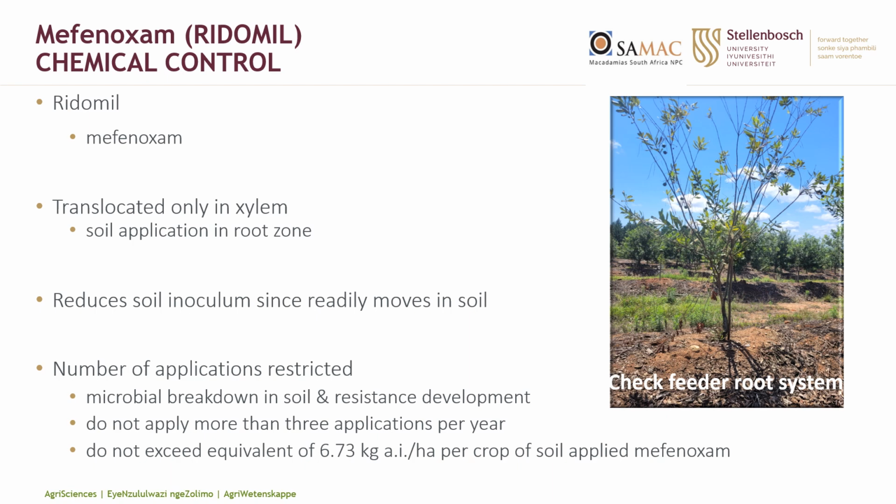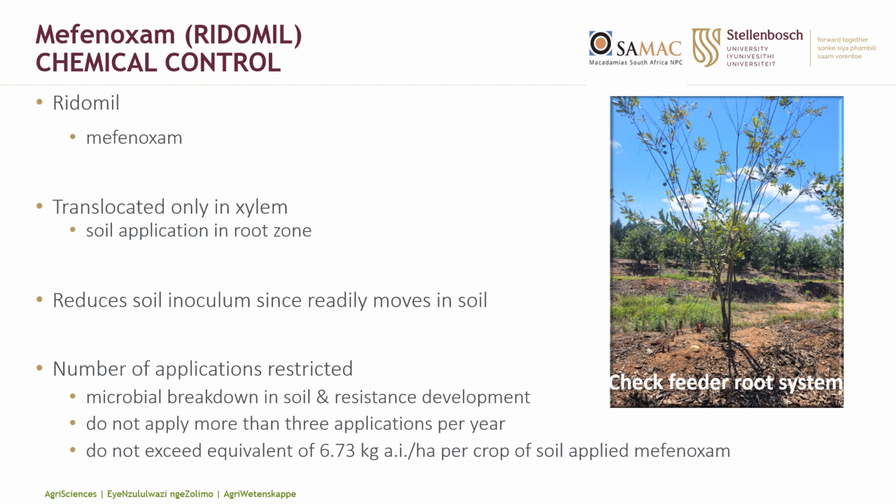So always assess the amount of feeder roots available on trees before deciding to use this product, because if there are no feeder roots, it cannot be taken up by the roots. But in some cases, damage in an orchard might not be as much due to feeder roots. It might be due to stem cankers, where Ridomil will then most likely be very effective, because it can be taken up through the roots and then protect the stem from further stem canker infections.